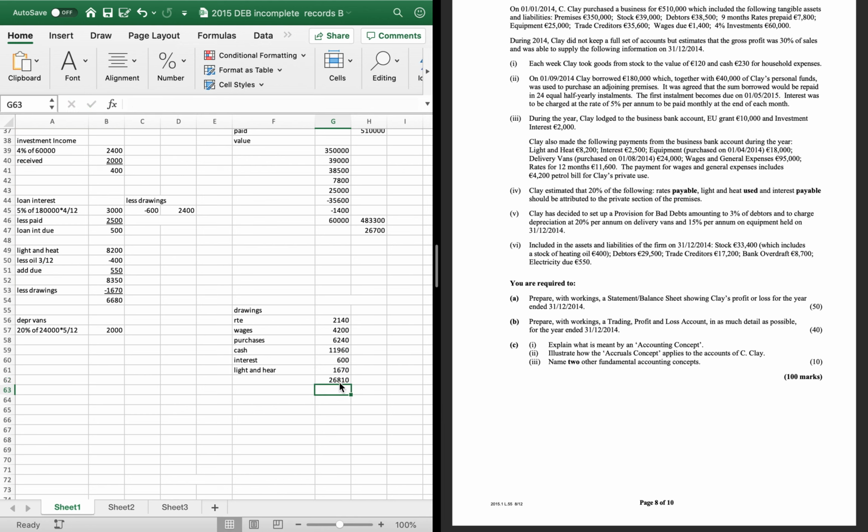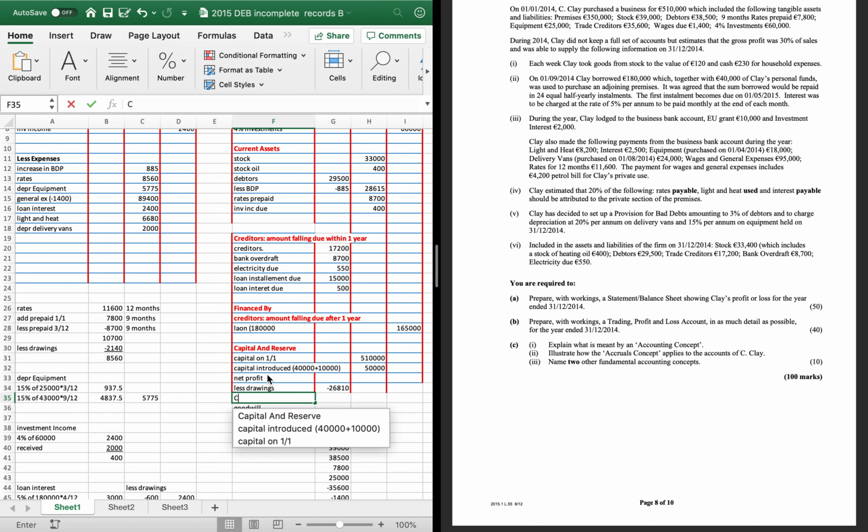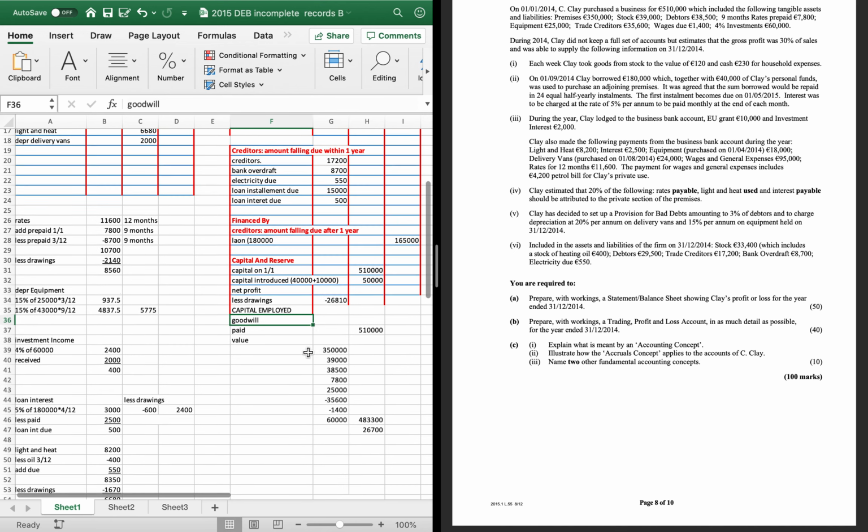So the drawings is 26,810. So remember, drawings is a minus. And then I'm just going to call that capital employed. We need that in a minute. So I think we've everything in.